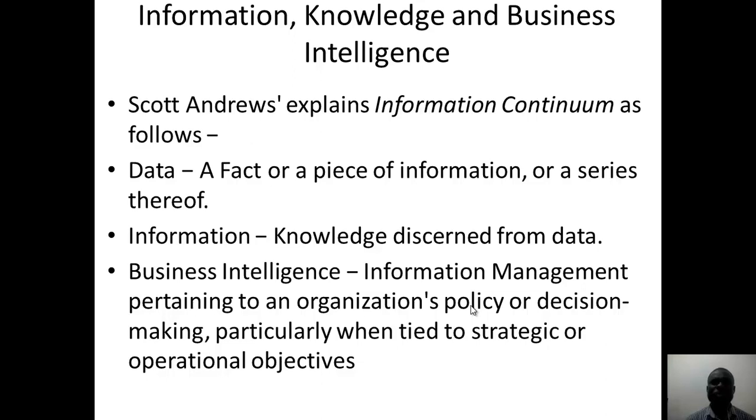Every company you work with as an IT person does business and requires a certain level of business intelligence. So the information they receive from the system helps them to form policies and make decisions. And this influences the strategic goal or objective of the organization.